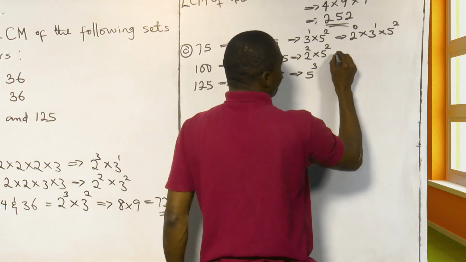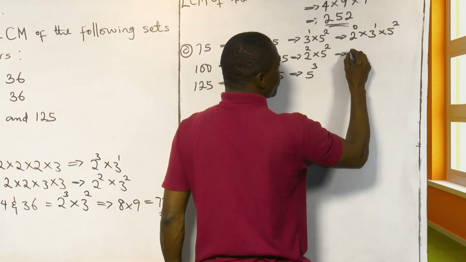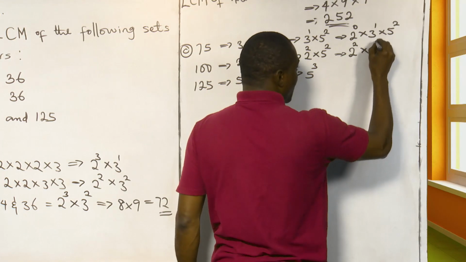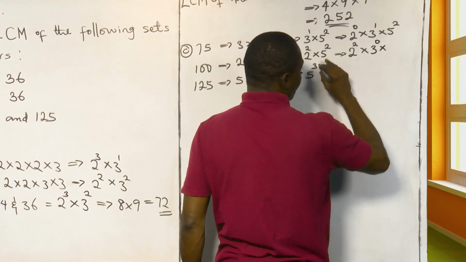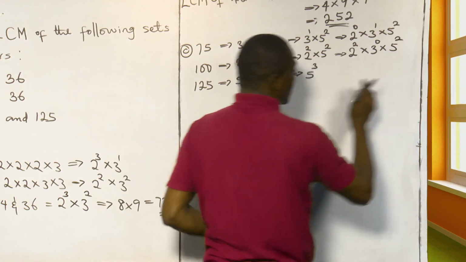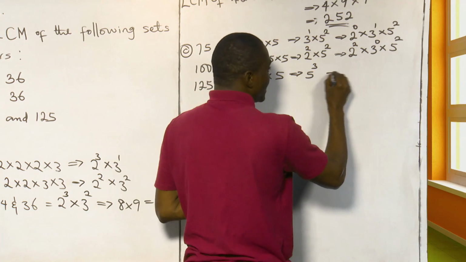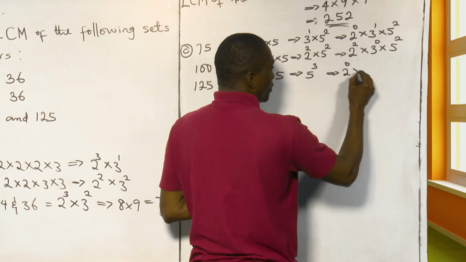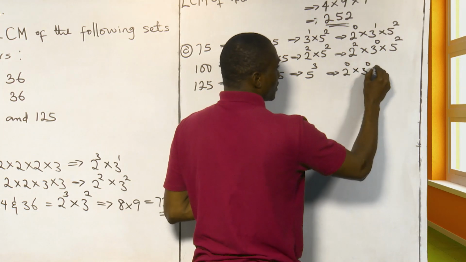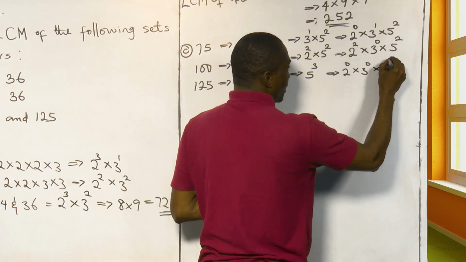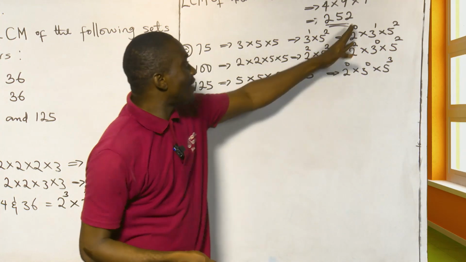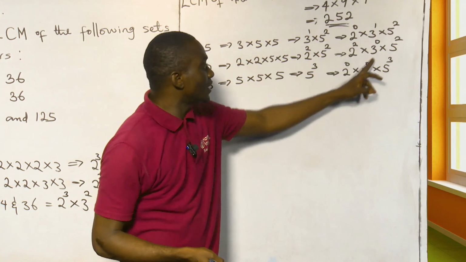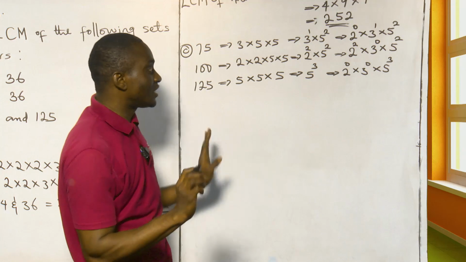Okay, now this is 2 raised to power 2 multiplied by 3 raised to power 0 multiplied by 5 raised to power 2. It does not change any value. And this will be 2 raised to power 0 multiplied by 3 raised to power 0 multiplied by 5 raised to power 3. So this just enables us to have a common base in each line. Common bases 2, 2, 2, 3, 3, 3, 5, 5, 5. That's it. It does not change anything.